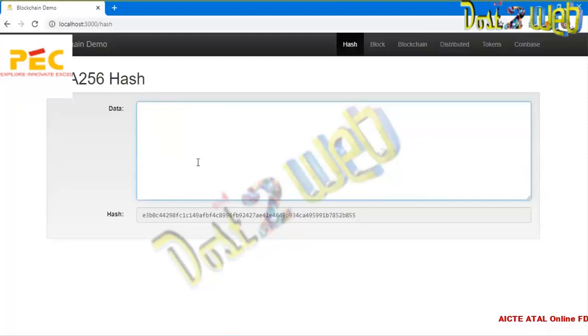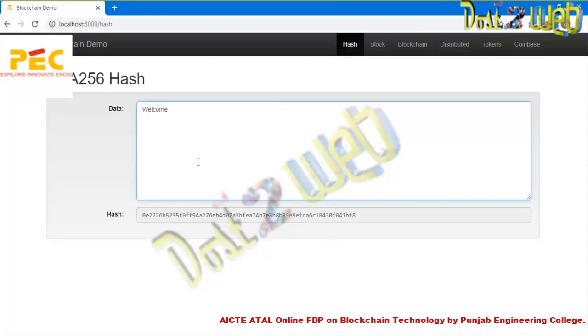Let's see how properties of hash change. Suppose I've changed some data in the file, so the corresponding hash will also change, whereas the length of the hash will remain the same.